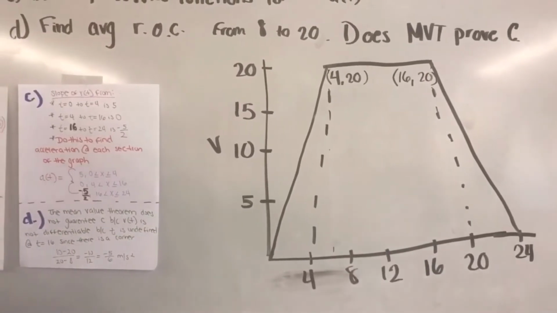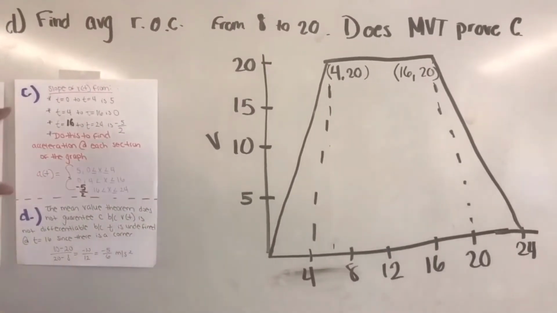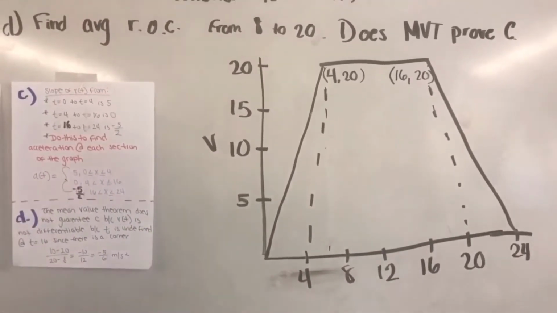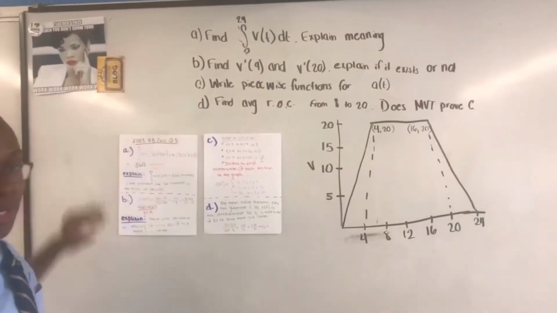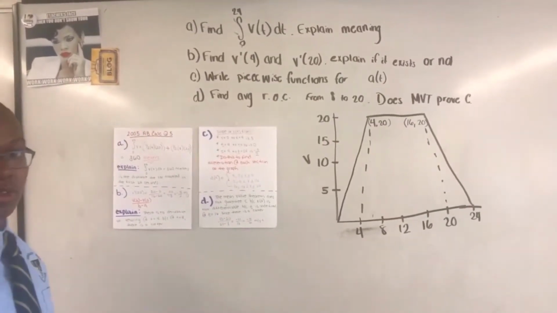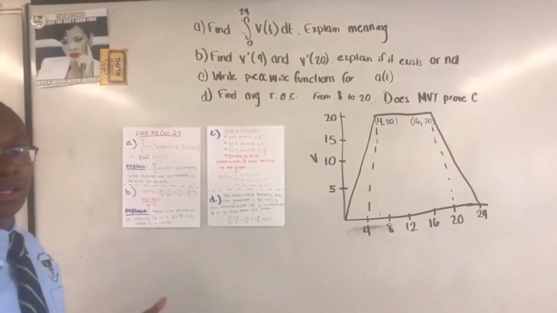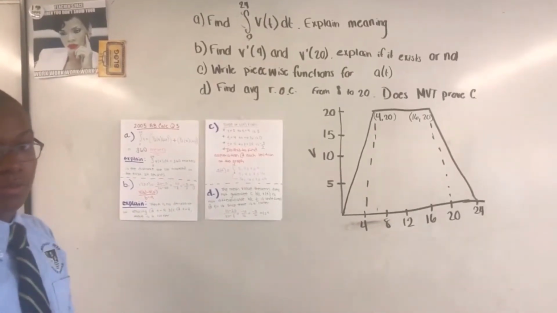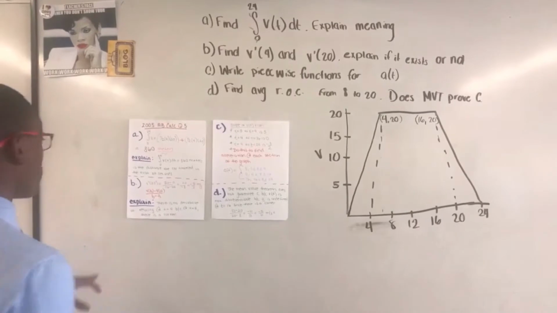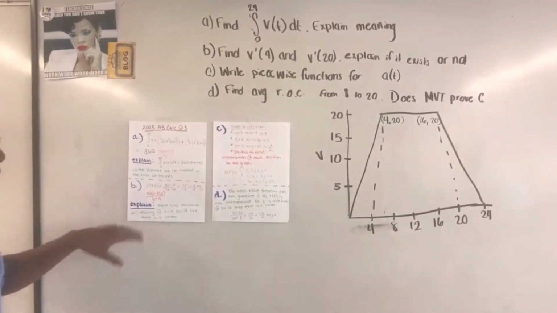Now that you have all the accelerations, you just put it all together. We know that v prime means the acceleration because v prime is the derivative of v, or velocity.